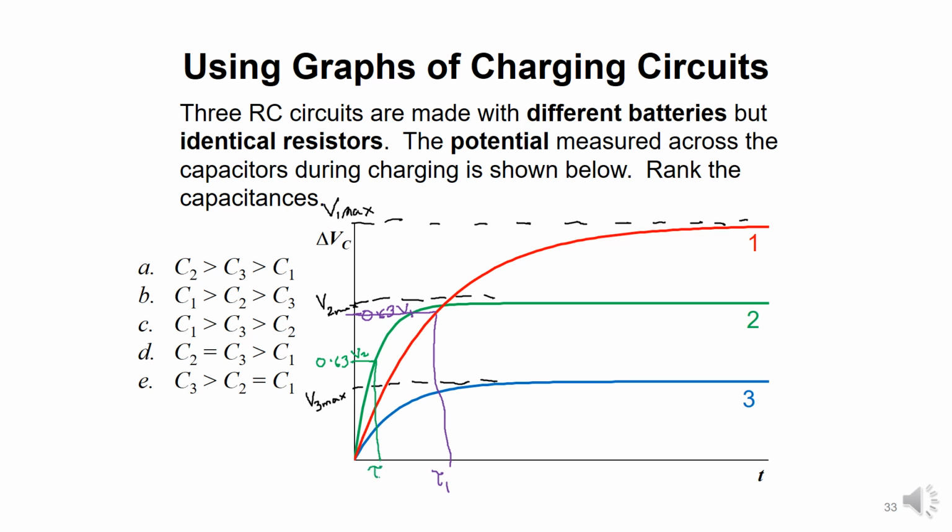Let's do something similar for graph 2. Let's try to use green. So for graph 2, the maximum value is at V2 max, and let's try to mark 63% of that. So I guess somewhere here. And we get tau 2 from there.